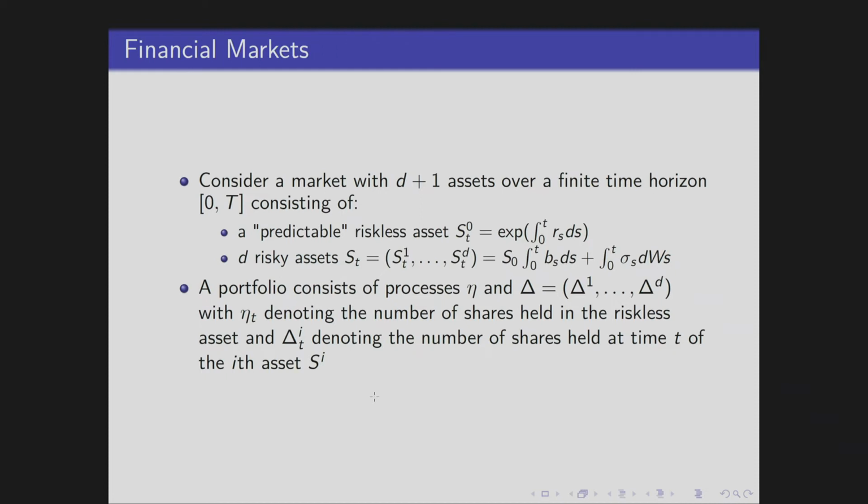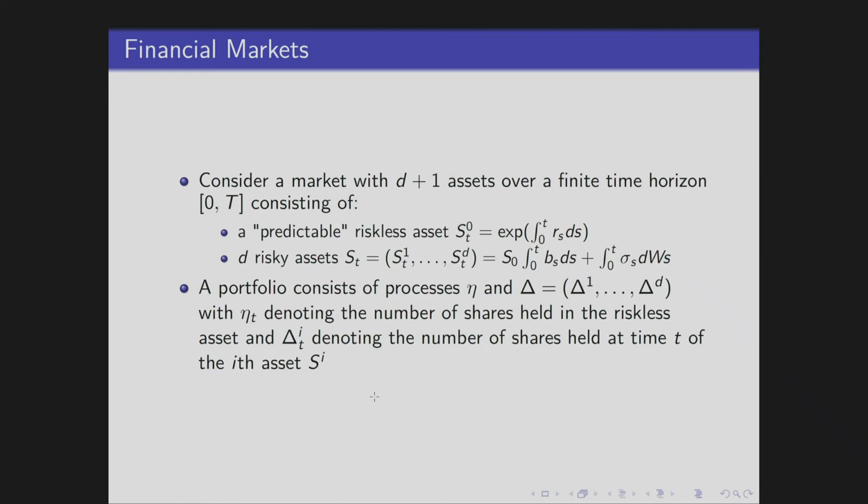You can think about the riskless asset like a currency or a numeraire, where you can leave your money and nothing too crazy will happen with it. So we have an interest rate r that controls your riskless asset, and it's in some sense predictable, so in some way you can see how your money will evolve.